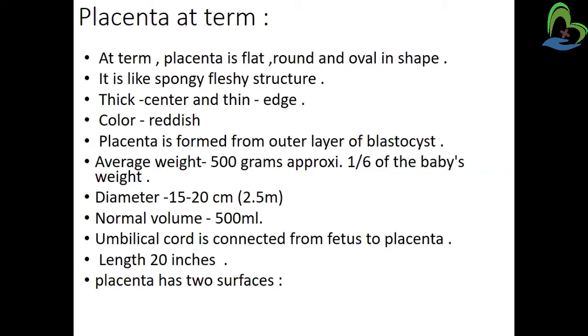Now the average weight of the placenta is 500 grams, approximately 1 by 6 of the baby's weight. The diameter is 15 to 20 centimeters. The normal volume of the placenta is 500 ml.